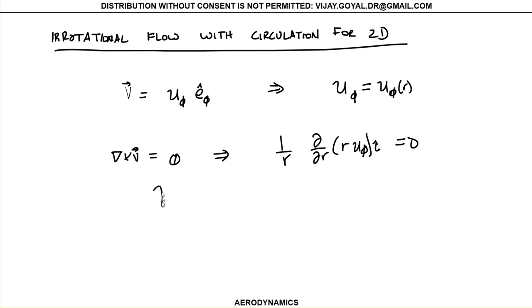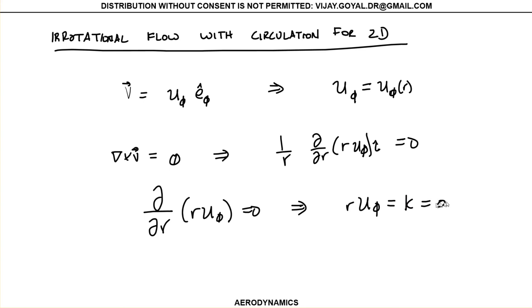So from here, you can show that the partial of r phi has to be 0. So I can show that r times phi is actually equal to a constant. In other words, this is going to equal K over r. So that means that your velocity field would be K over r e phi, and this is what we know as the vortex flow.